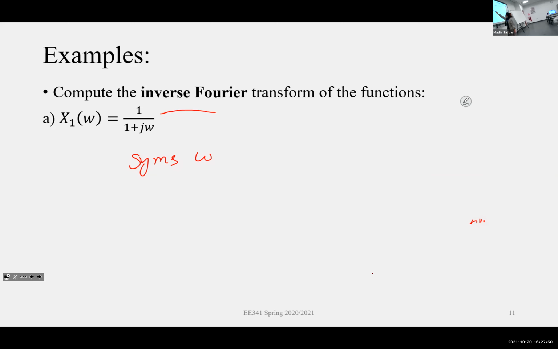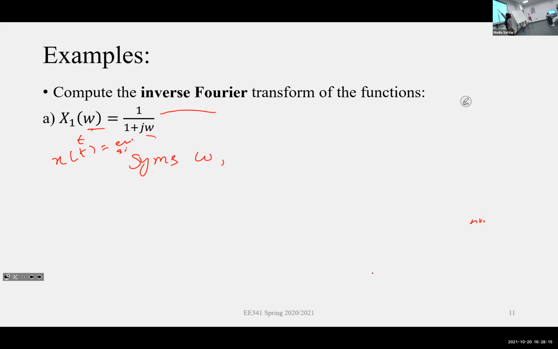In the previous one, you see now here is omega, here is also omega. Previously we were always having x of t equal to some function, exponential or sine. Now we have our equation in terms of omega. We have to convert it to the time domain. So what will we do? We will take the inverse Fourier transform.